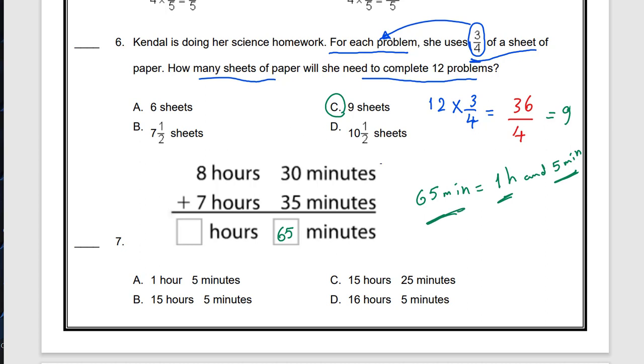Okay. 8 plus 7 equals 15. Okay, let's rewrite it now. We said now we have only 5 minutes, right? And how many hours?